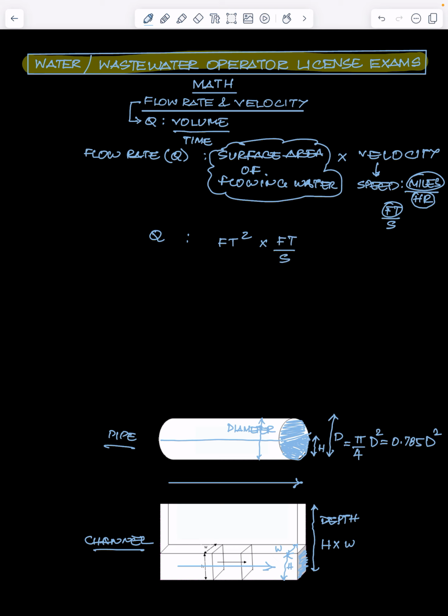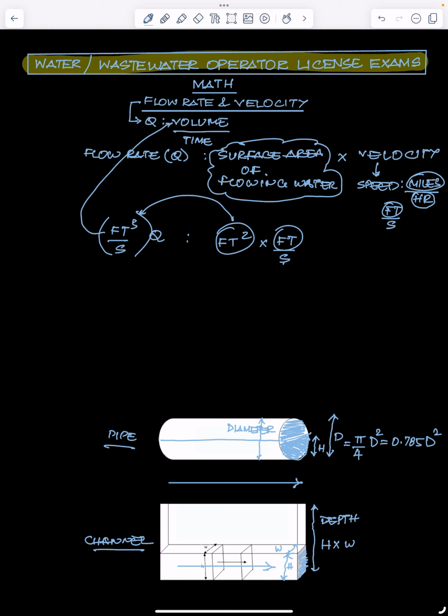So when you multiply feet square by feet per second, the unit of flow you're going to get is cubic feet per second. Feet square times feet gives you cubic feet, and then the denominator is second. So the flow rate is essentially volume per time. Cubic feet is the unit of volume, and second is the unit of time.